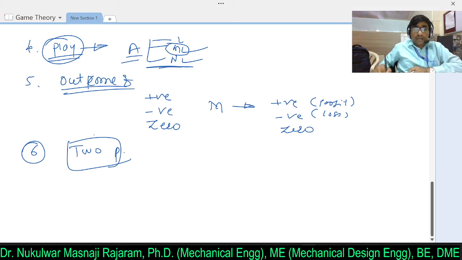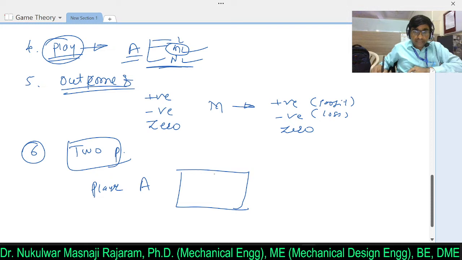Clear? Now here I will consider one matrix. Let's say player A has 3 different strategies, that is L, M, N. Now player B has two different strategies.